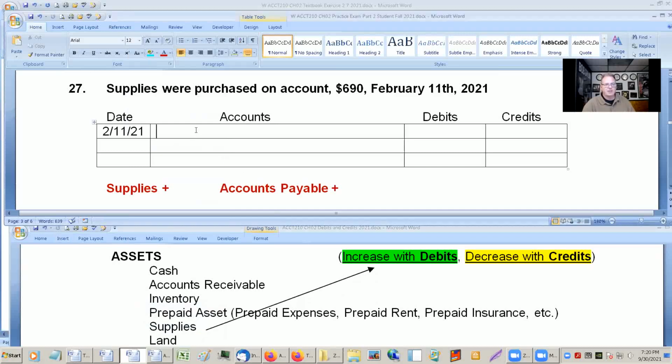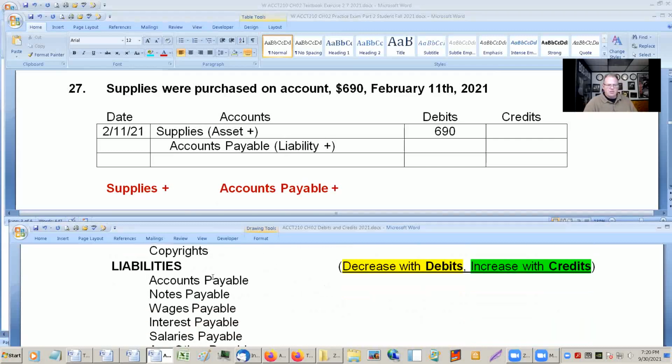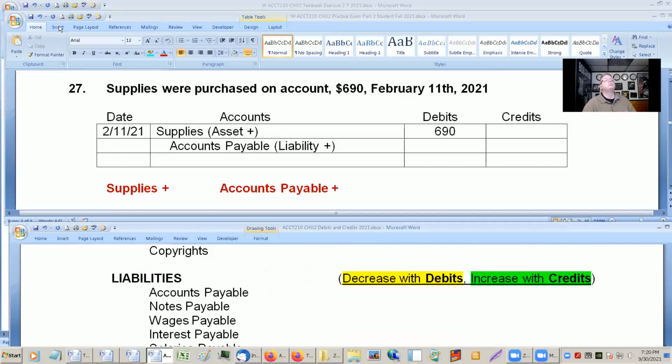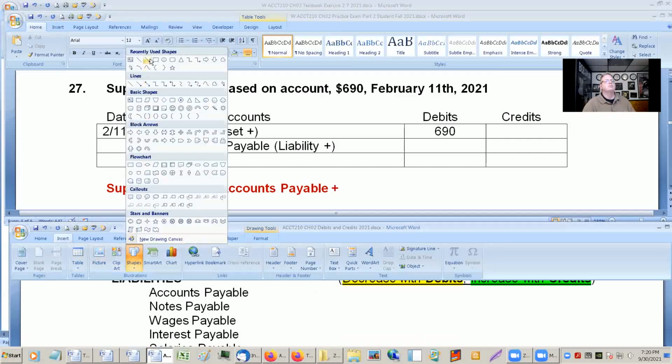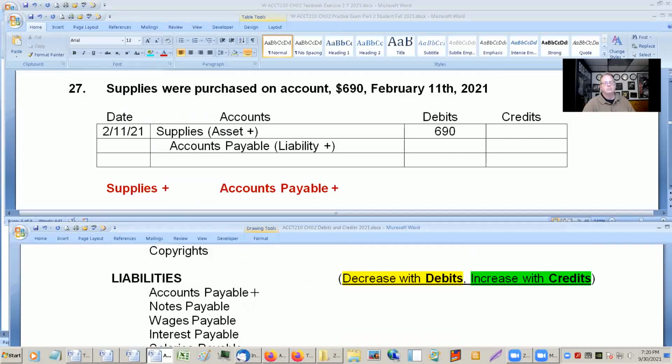Supplies going up, so supplies debit. Accounts payable is a liability. Increase with credit.